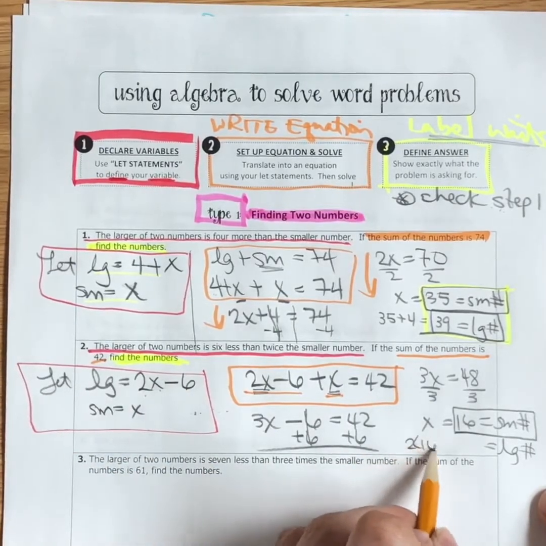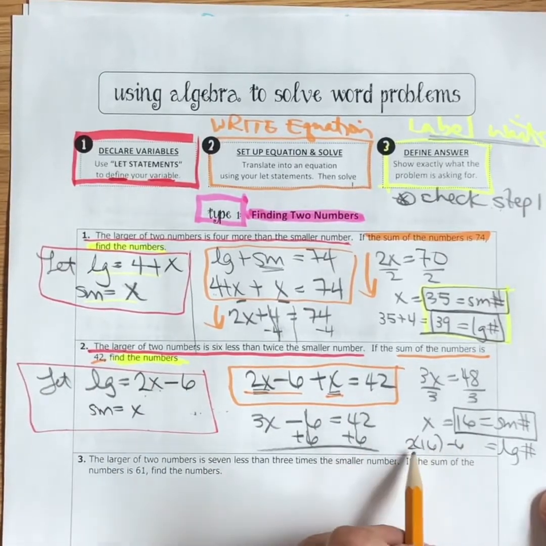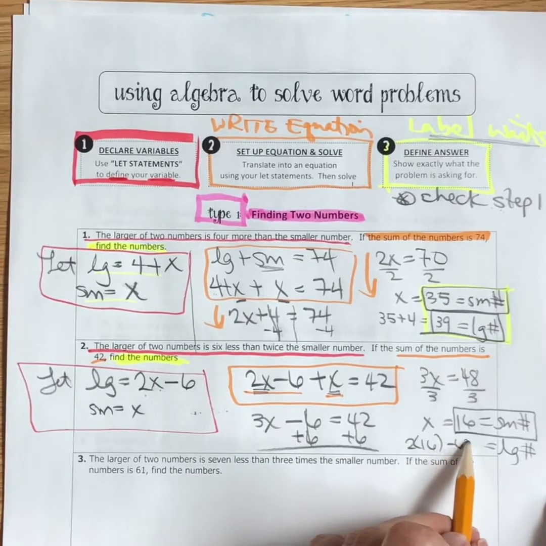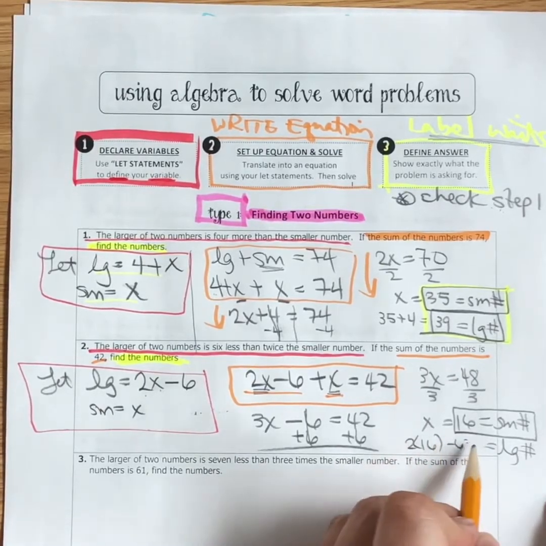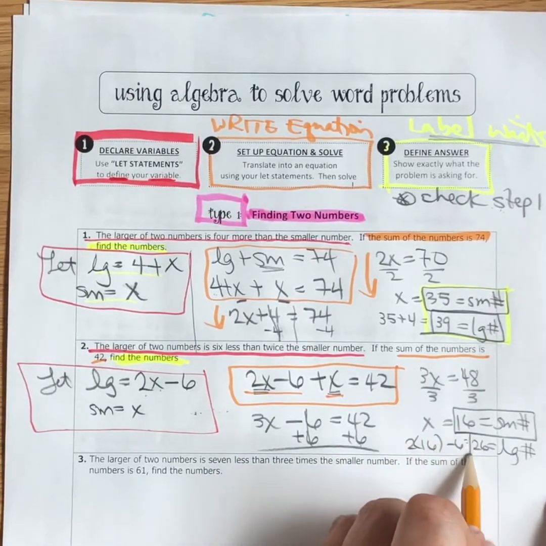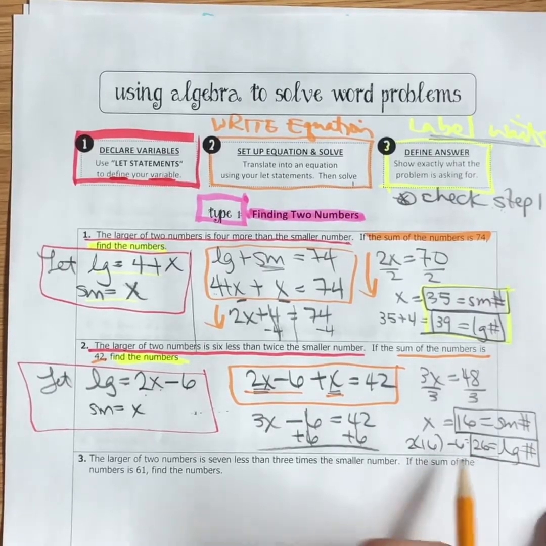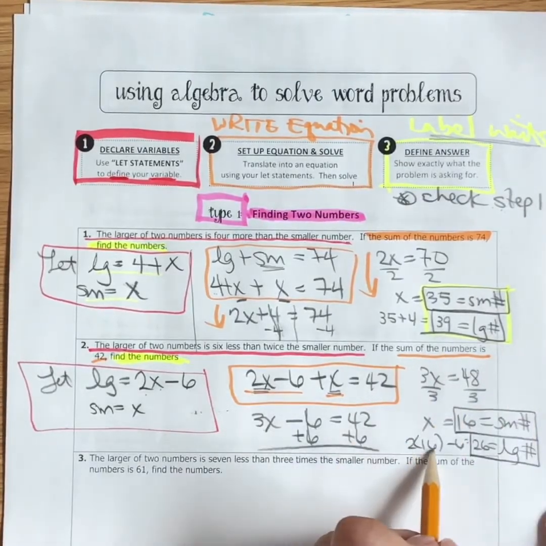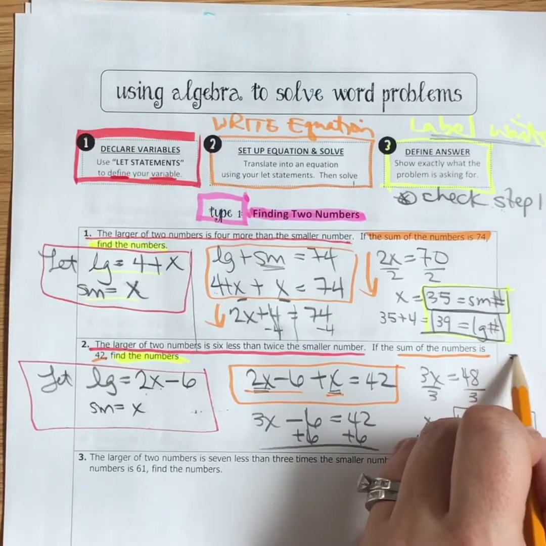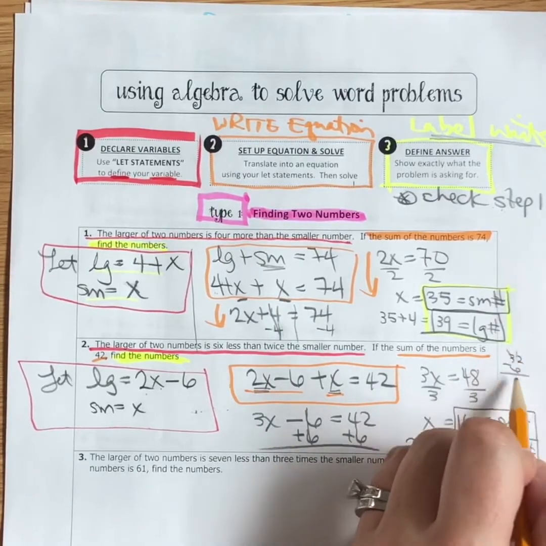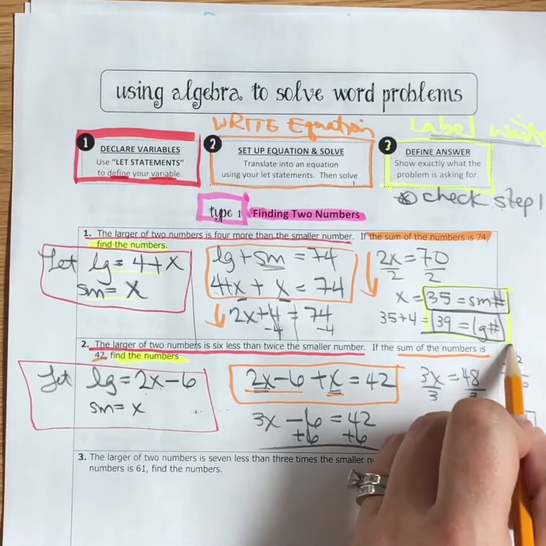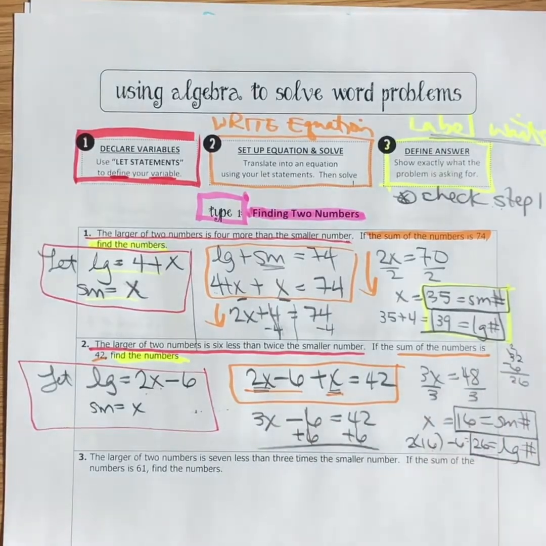So 2 times 16 minus 6, well, that's 32 minus 6, so I'm just going to tell you is 26. You might have to use a calculator, but basically, like here, you could write it on this side. So 32 minus 6, that's where you get 26. Okay, regardless.